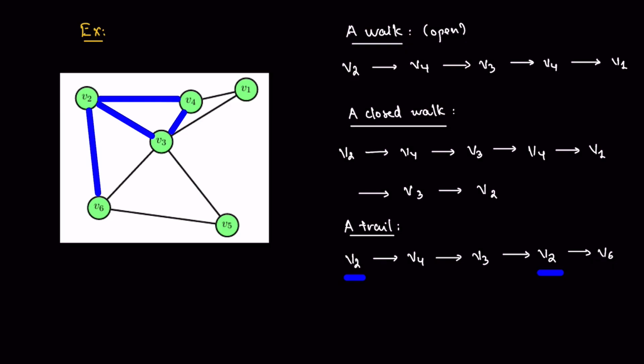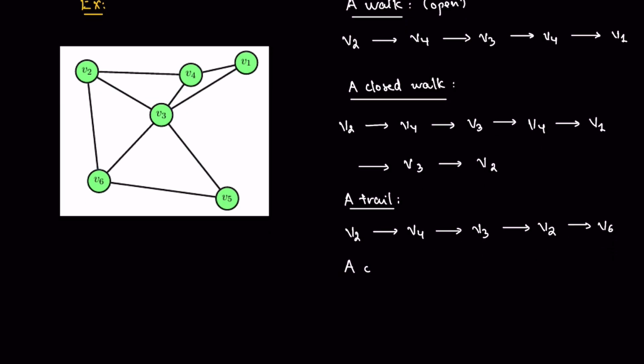Now for a circuit, which is a closed trail. Right, so the graph has to be closed. You can have repeated vertex or repeated vertices, but repeated edge is not allowed. So this is where I can go. So I start at V2 again.